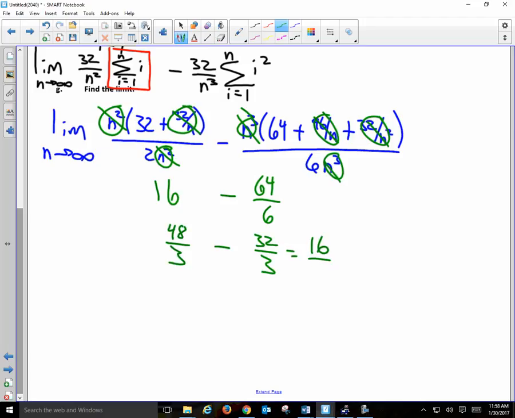So I get 16 over 3, which is 5.3 repeating.